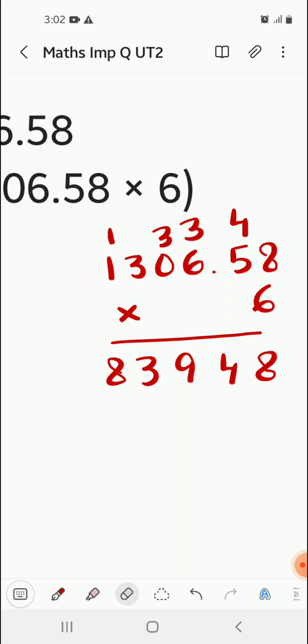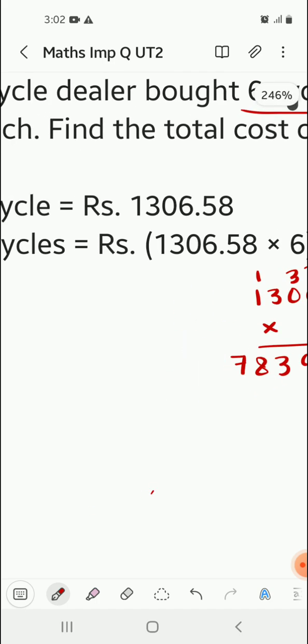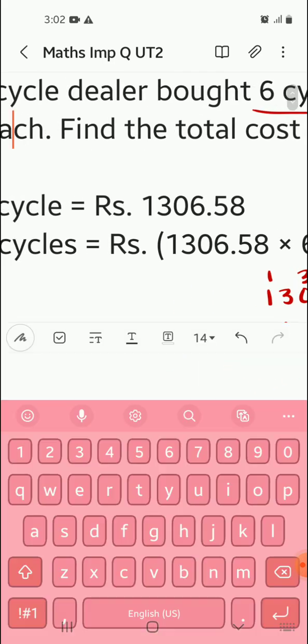After this, 6 ones are 6 and plus 1 is 7. So this becomes 7. Now, see, the decimal place is after 2 digits, so over here also there will be 2 decimal places. So we will insert the point here. So we have got the answer, 7839.48.